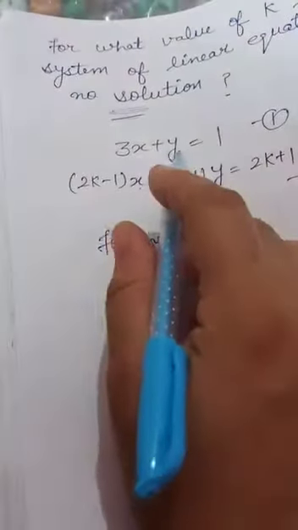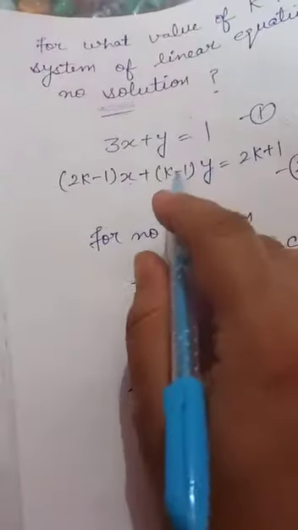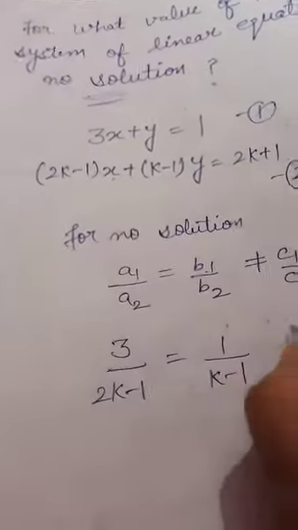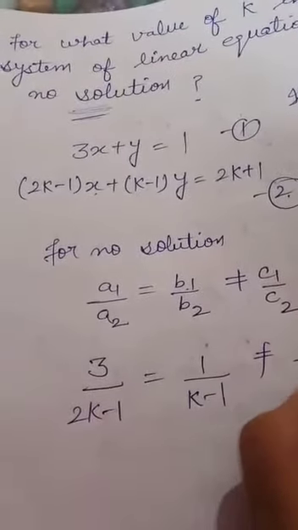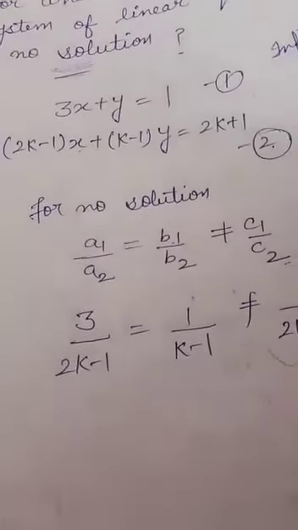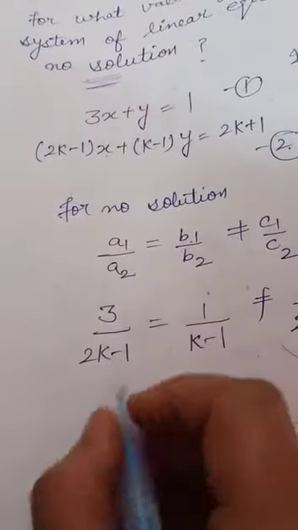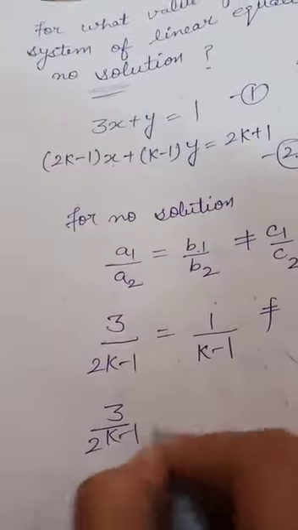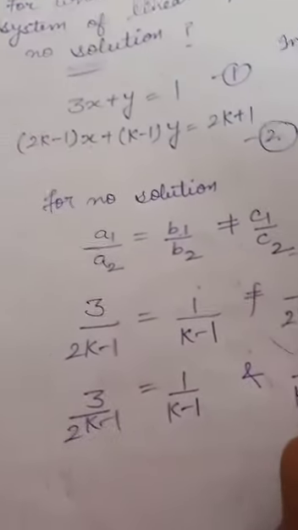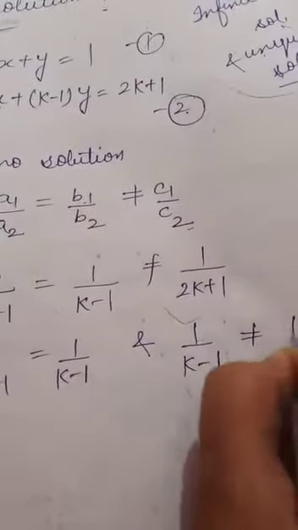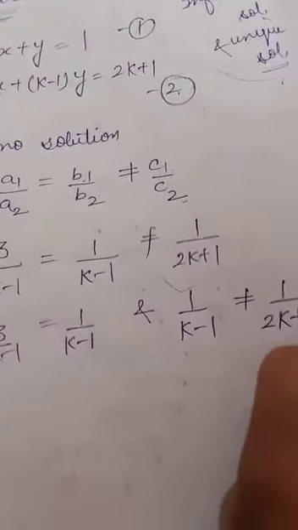Now put these values here. a1 is 3, the coefficient of x; a2 is the coefficient of x in the second equation, 2k minus 1; b1 is the coefficient of y in the first equation, b2 the coefficient of y in the second equation, is not equal to c1 upon c2, the constant terms of both equations, that means 1 upon 2k plus 1. Firstly take the first two members: 3 upon 2k minus 1 is equal to 1 upon k minus 1, and secondly we take 1 upon k minus 1 is not equal to 1 upon 2k plus 1.